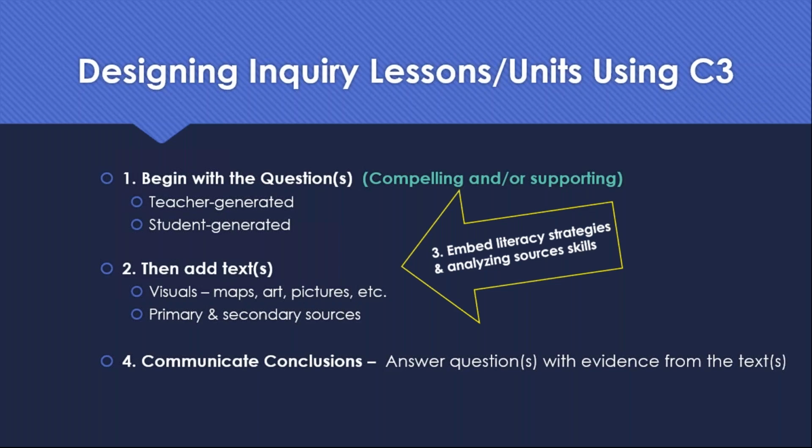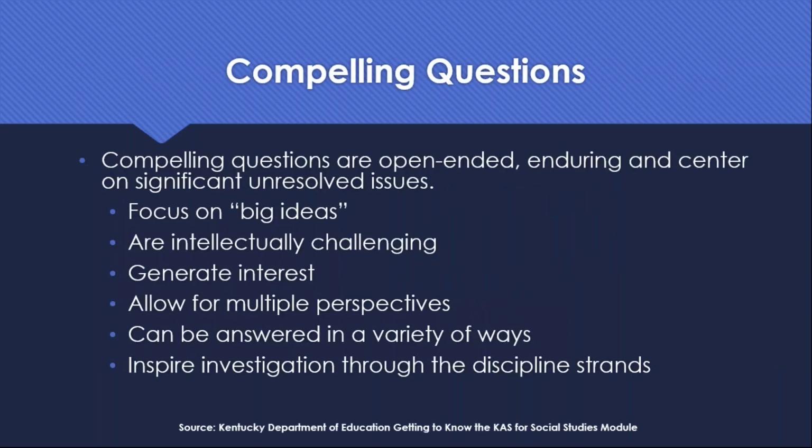So let's look at that and talk about, okay, what do we mean by begin with a question? So I'm going to use actually from Kentucky's language here. Kentucky has new social studies standards this year, but it's similar across the country as everybody implements these C3 framework. And what do we mean by compelling questions? So we talked about a compelling question is one that's big and overarching that might guide your whole unit. That might be several weeks of instruction.